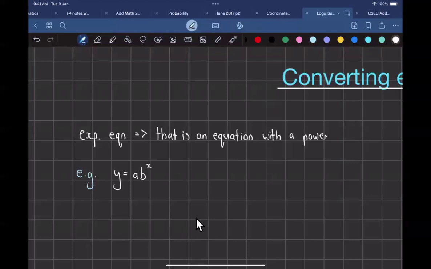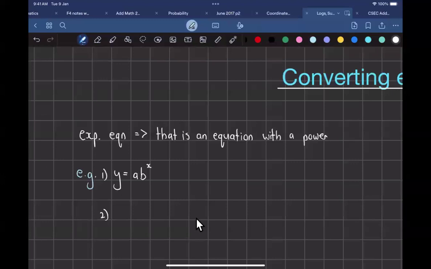So this is an example. Nicholas, see if you can get my example of an exponential equation. Look at the definition, it's just an equation with a power. That's all. So let me say 1 equals 2, 3 to the power of 4.